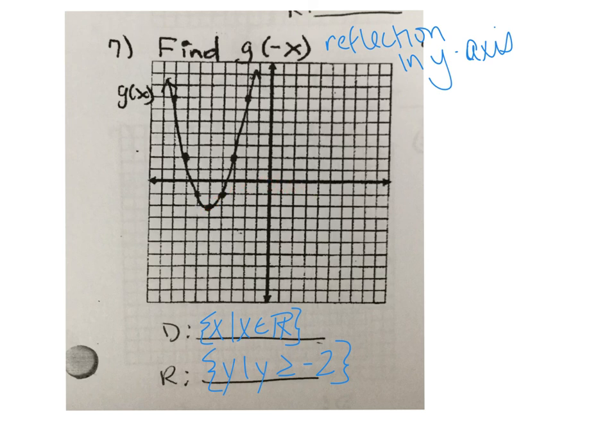So we move it, there's my vertex, at +5, -2. Then I have this point here, which moves to -4, -1, and then 6, -1.